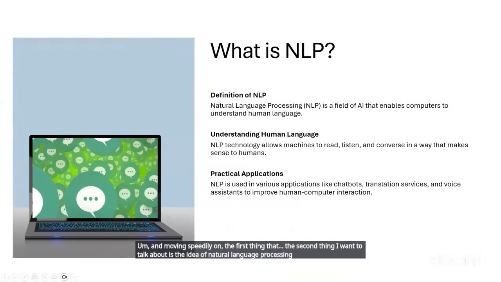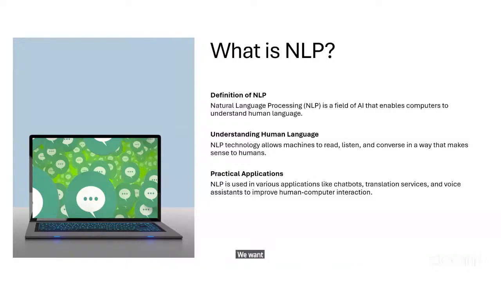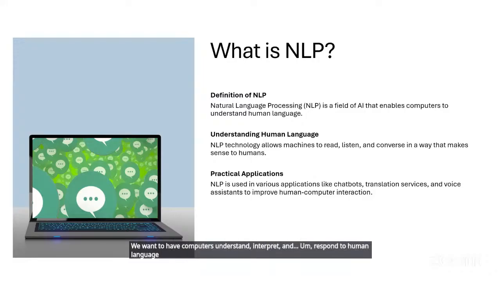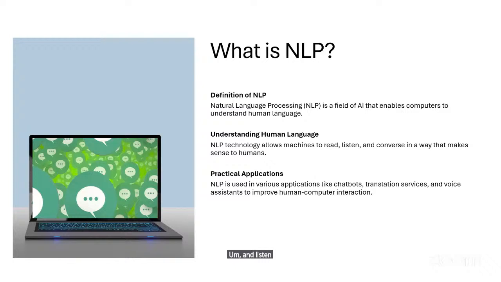Natural language processing, as I briefly mentioned before, is really the idea that we want to have computers understand, interpret, and respond to human language, just like we're chatting right now. So think of NLP as the technology that allows machines to read and listen and talk in a way that makes sense to humans.